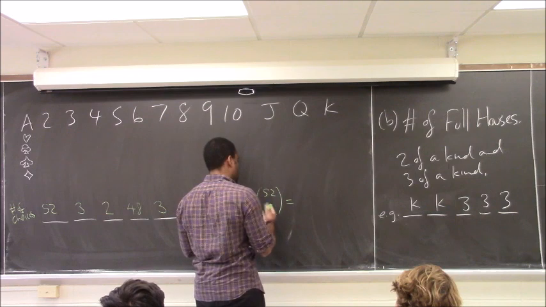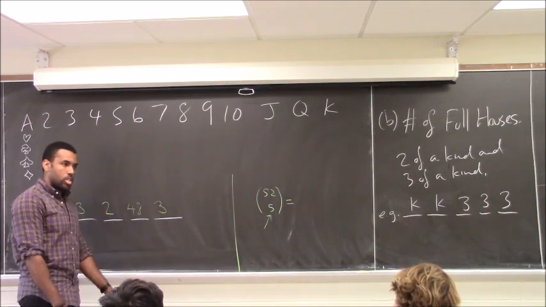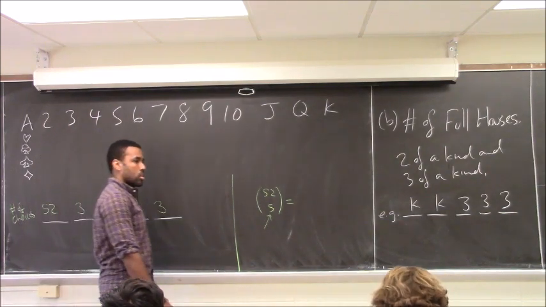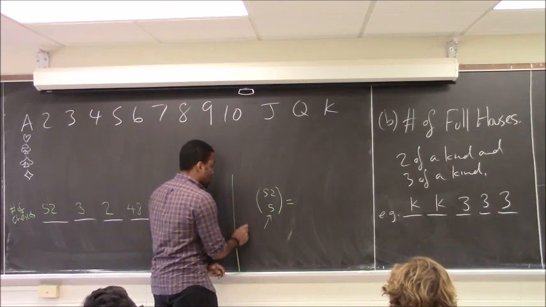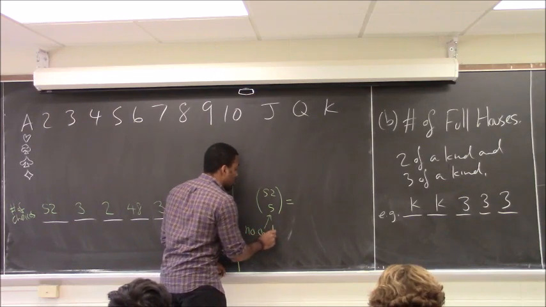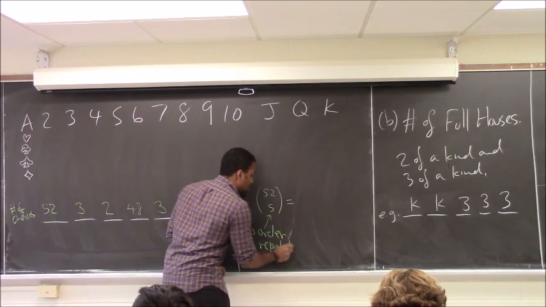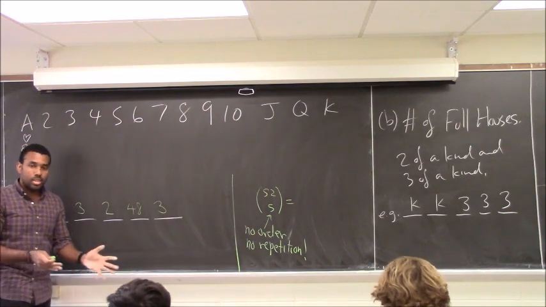What are the restrictions of using that kind of logic? Just means order doesn't matter, doesn't count. No order, no repetition, right? Okay, now, this is the framework that we're thinking in.